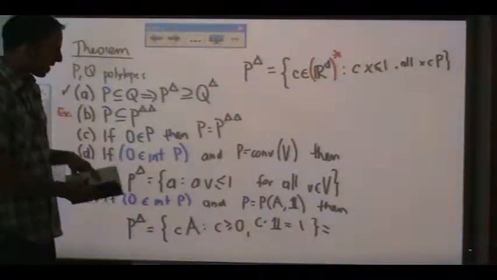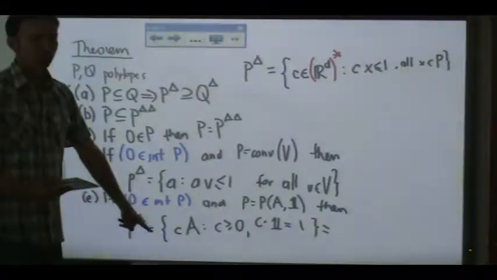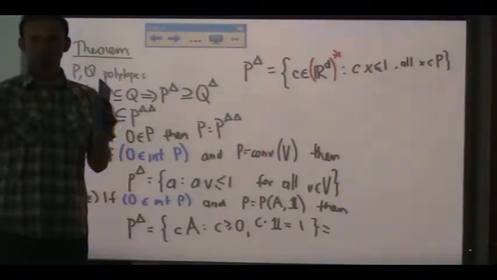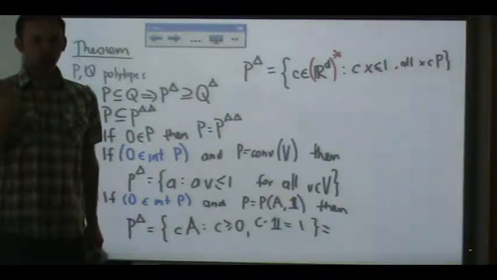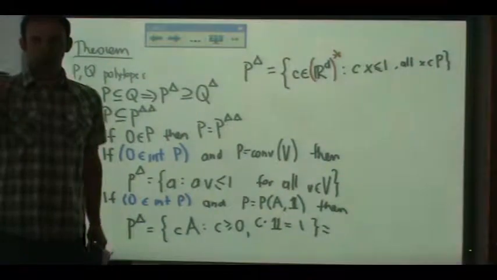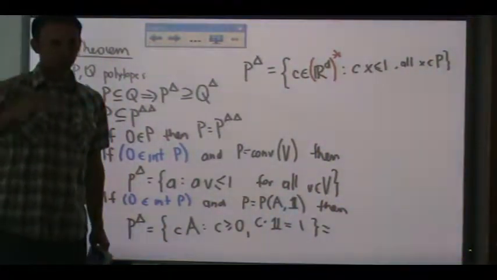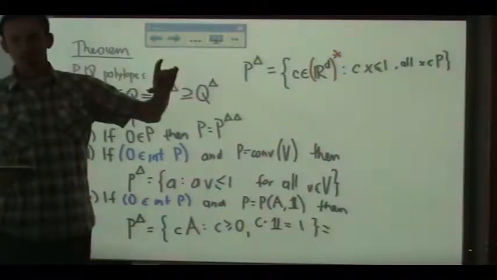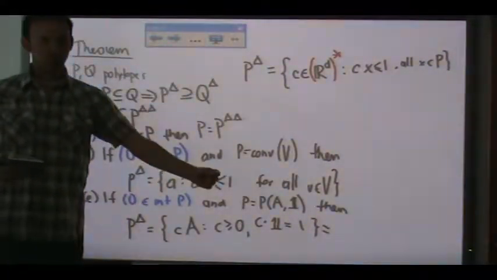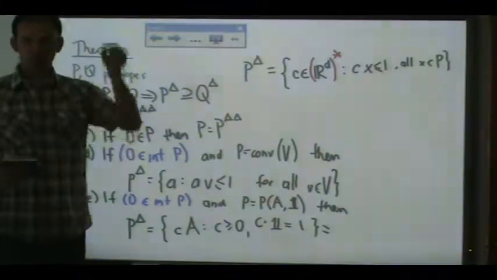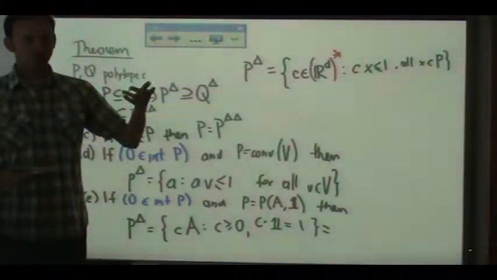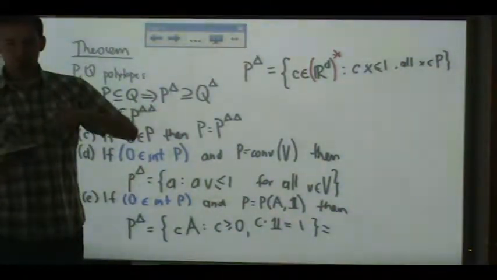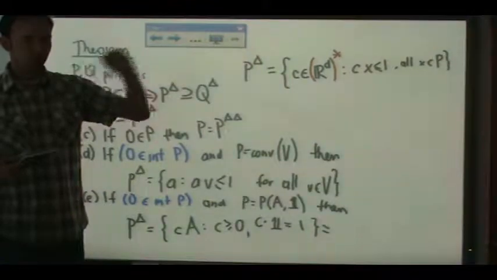Okay? Now, if you think about this, what are we doing here? When you multiply a matrix A by a row vector c on the left, what you're doing is taking a linear combination of the rows. Remember that we discussed that if you took a matrix A and multiplied it by a column vector on the right, then you were taking a linear combination of the columns. If you take the transpose of everything, you see that if you now multiply on the left by a row vector, then you're taking a linear combination of the rows.